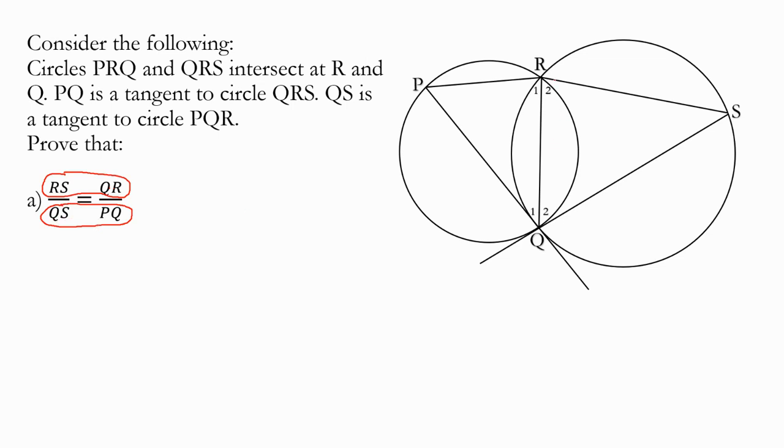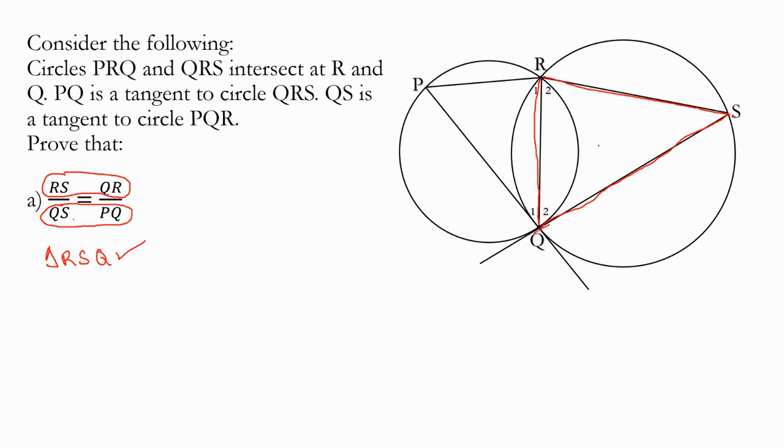Do we have triangle RSQ? Yes, RSQ is a triangle, so we've identified the triangle there. Now let's check if there's triangle QSP.